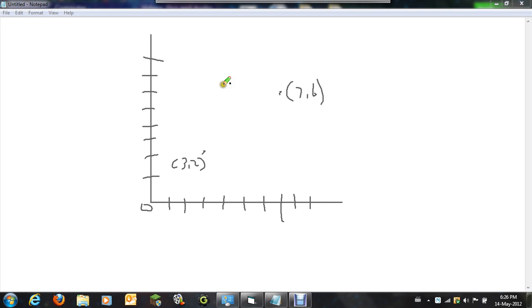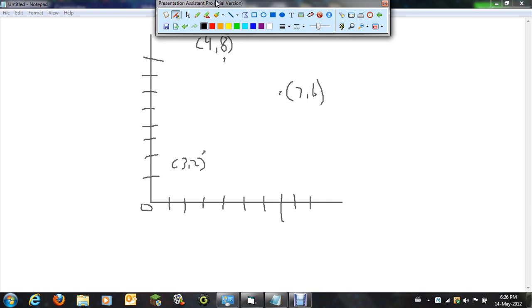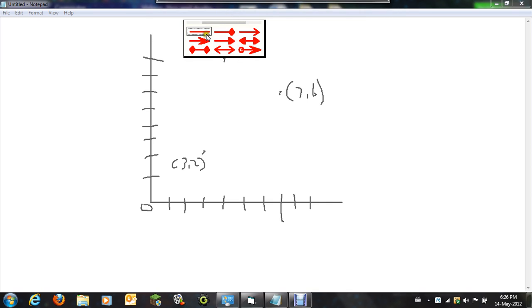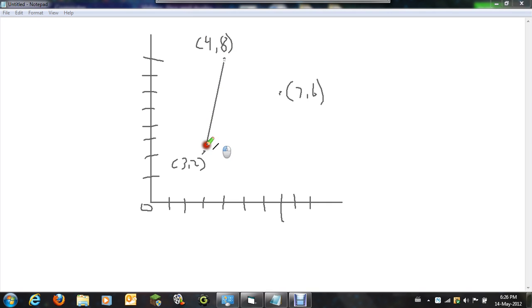So right there, and that there is point 4, 8. I don't like this program. I'm just saying that outright. These are all connected, and I'm just going to draw a beautiful line. Boom. Boom. And boom.